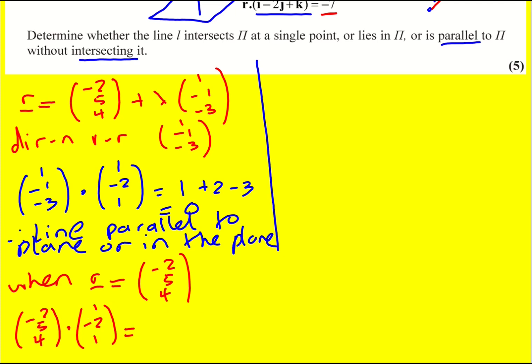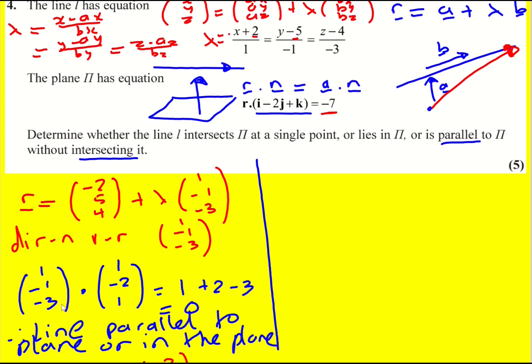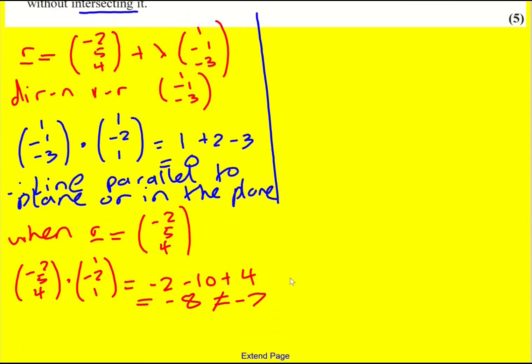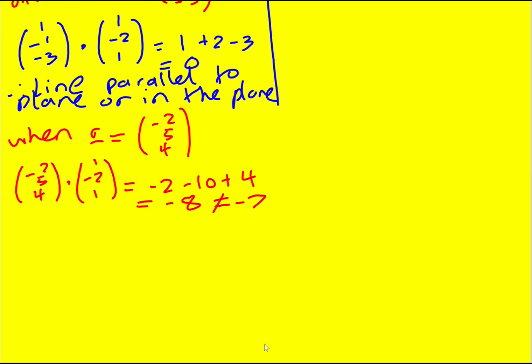So I'm going to get, sorry, I'm just checking, is that minus 2? Yes. So I'm going to get minus 2 minus 10 plus 4. This gives minus 8, and that's not equal to minus 7. So I've shown the line is parallel to the plane.